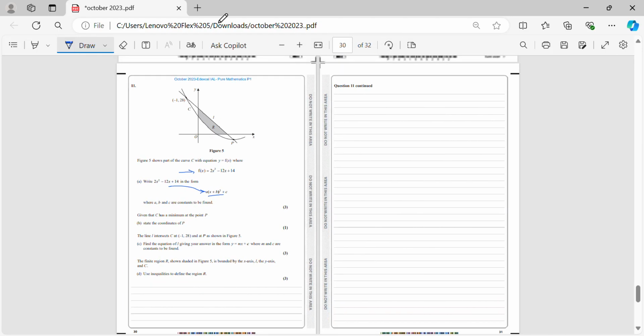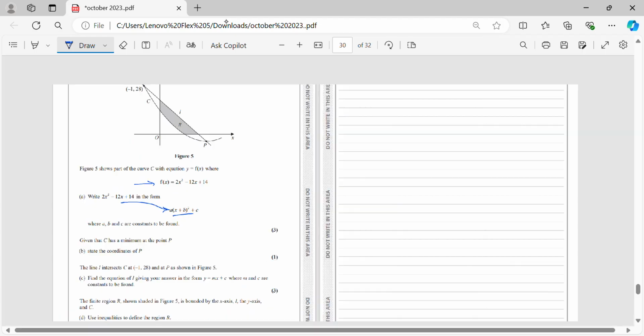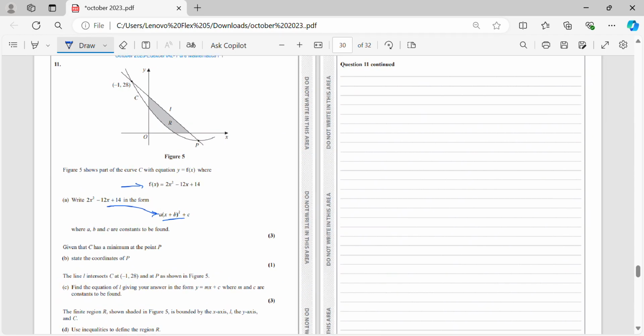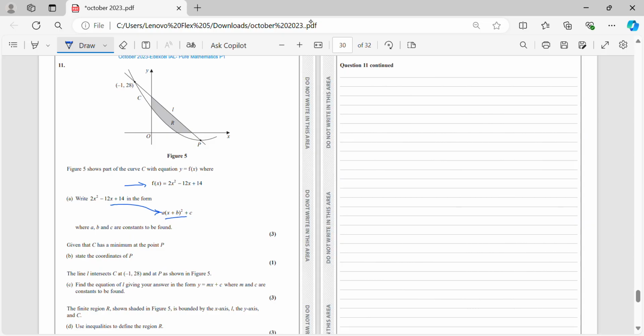So 2x squared minus 12x plus 14. From the first and second term, take 2 common, factorize it. 2(x squared minus 6x), plus 14, as it is.